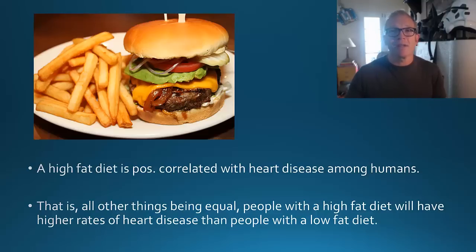This is just to say that when we take people and figure out whether or not they have high-fat diets, we can predict that those people are going to have higher rates of heart disease. It doesn't mean most of them have heart disease. It may actually be a very low number overall. It just means that you compare the high-fat diet people with the non-high-fat diet people, and the heart disease rate amongst the first group is higher. That's all we're saying.